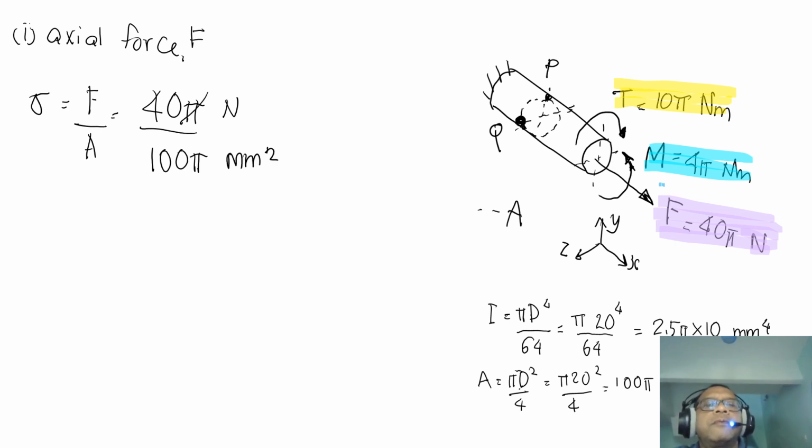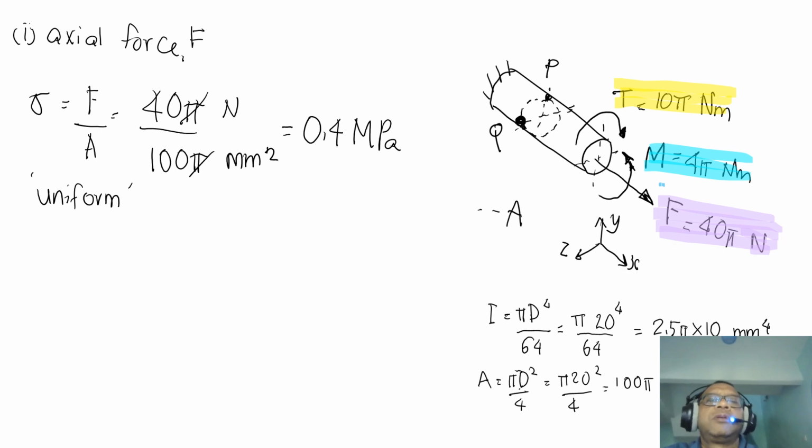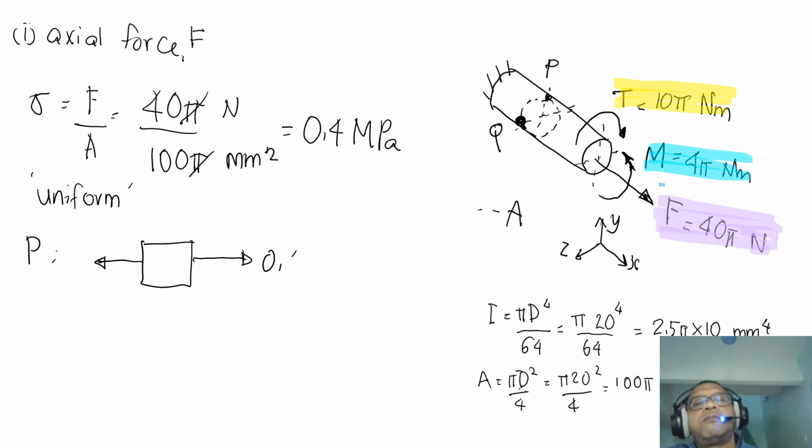Yeah, so you got 0.4 megapascal. So it's uniform. We know that axial force is uniform. So at P, the stress element is all tensile. So I can do it like that, 0.4 megapascal.